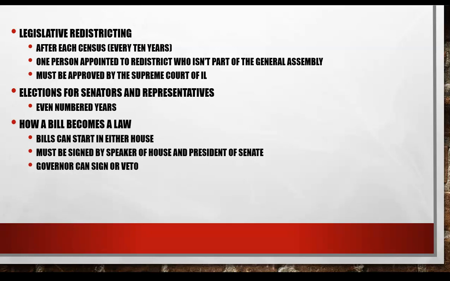That's where the governor can either sign it into law or he can veto it. This is different than the federal government because the governor has 60 days to act on a bill. All right, 10 days is how long a president has to act on it before it moves on from there. But in Illinois, the governor has all of 60 days.